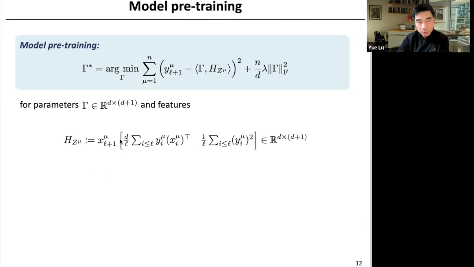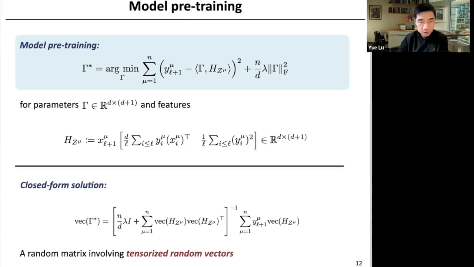Essentially, it's a rank 1 matrix, an outer product of the last input vector and a row vector formed in this way, a row vector formed by different output labels at different locations of the input sequence. Now, because this is a quadratic problem, we have a very simple closed form solution.